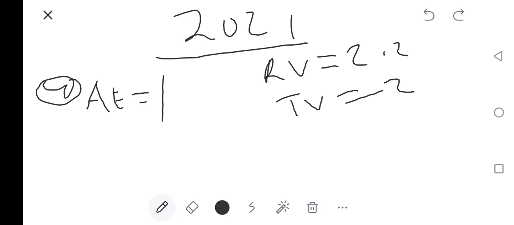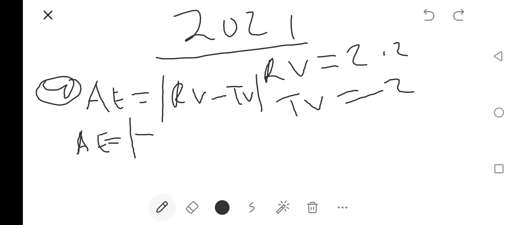Question A was saying, can we find the absolute error? We know that the absolute error is recorded value minus true value. So recorded value is 2.2, true value is 2. There are no calculators here.